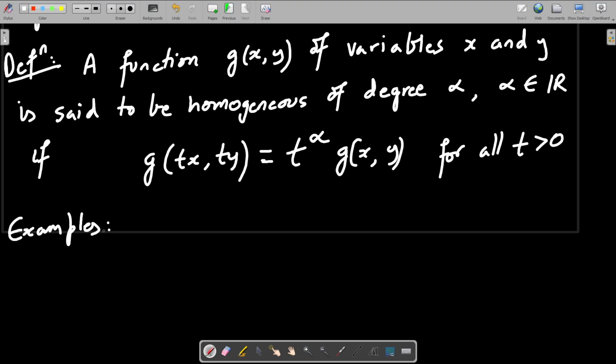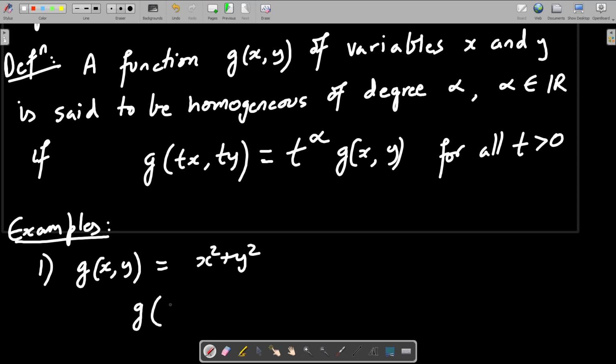Examples. Here we'll take as the first one g of x y given as x square plus y square. Let us see if this works. Instead of x and y, I'll write tx and ty.